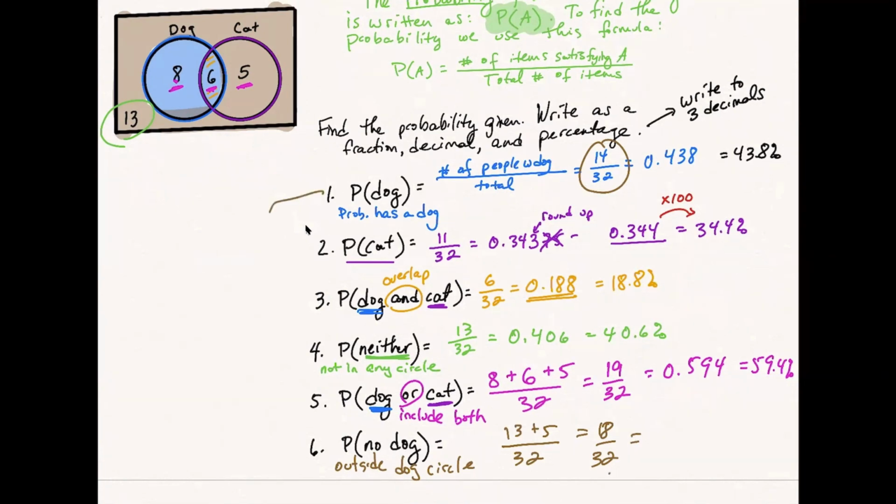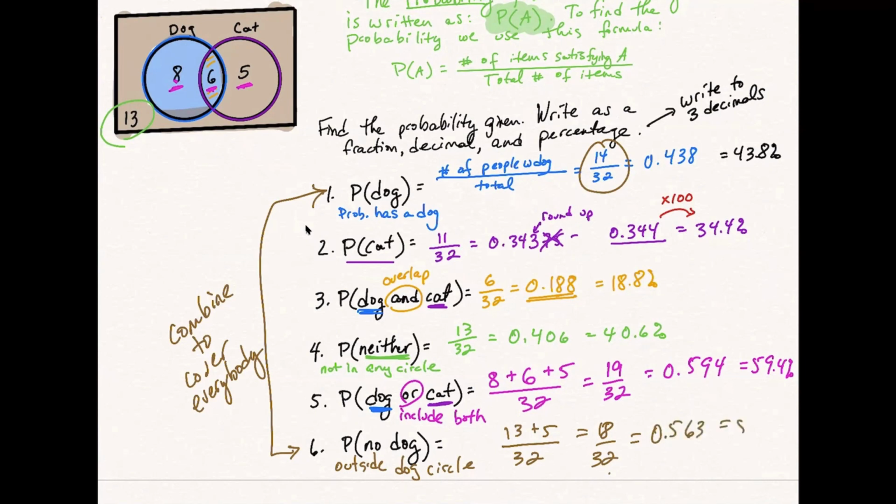So these two combine to cover everybody, because either you own a dog or you don't. 18 divided by 32 then is 0.563 or 56.3%.